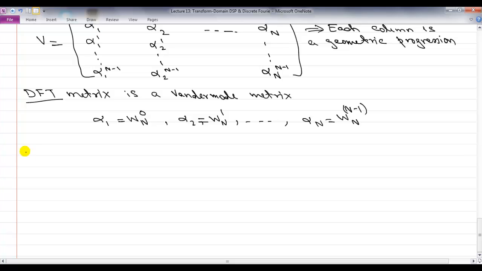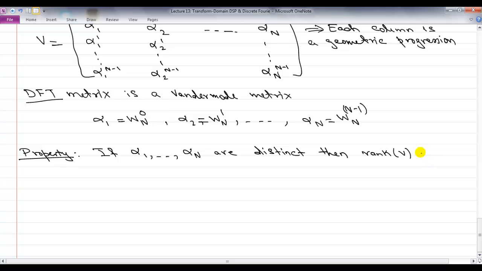And there is a property of the Vandermonde matrix which says that if alpha 1 up to alpha n are distinct, then the rank of V equals n.